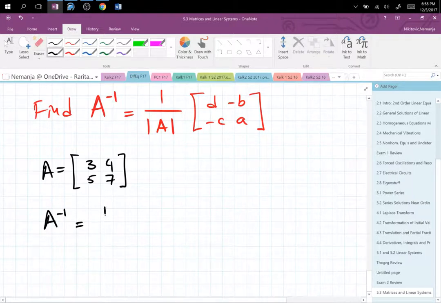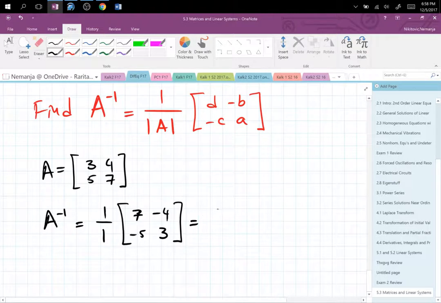We already did. It's 1. And then I will swap the locations of 3 and 7. And I will put negatives on 4 and 5. And there it is.